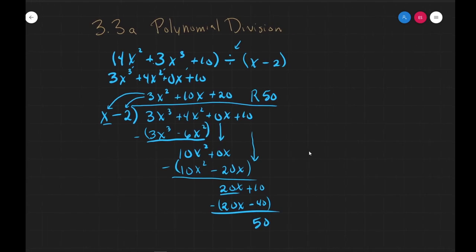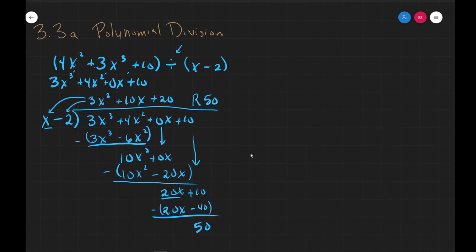So again, if we wanted to check our answer, we could. All we would have to do is multiply this part times this part, and then once we're done, add this part. That would look like this. x minus 2 times 3x squared plus 10x plus 20, plus 50. So then we'll distribute for days. x times 3x squared, x times 10x, and x times 20.